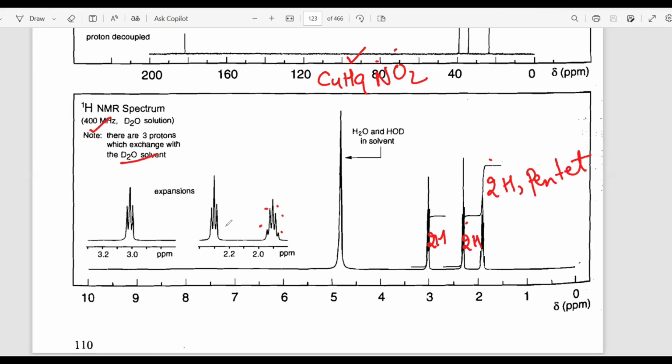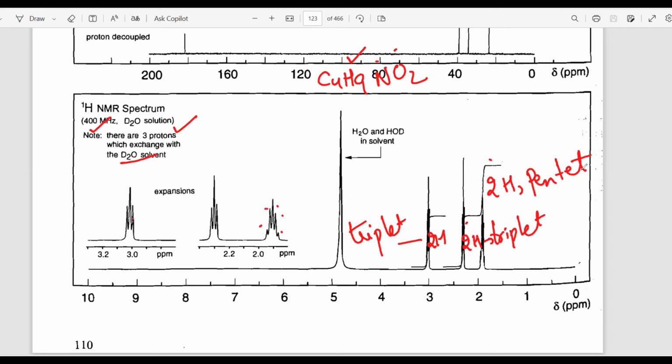Here we are getting, in the expansion, a 2 hydrogen triplet. And here, in the expansion, 1, 2, 3, a 2 hydrogen triplet. So 2 plus 2 plus 2, 6. We have 9 hydrogen, so 3 hydrogen are exchanged with D2O. Those hydrogen which are connected with a heteroatom are exchanged with D2O. They will not appear on the spectrum.